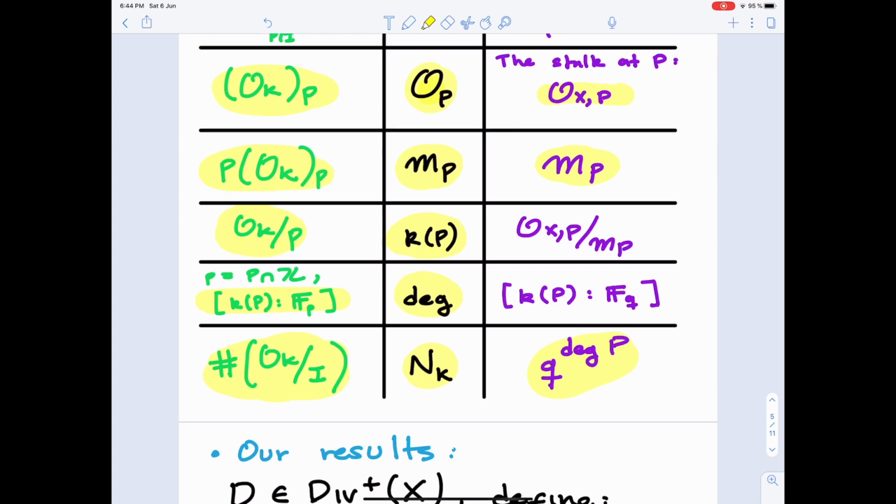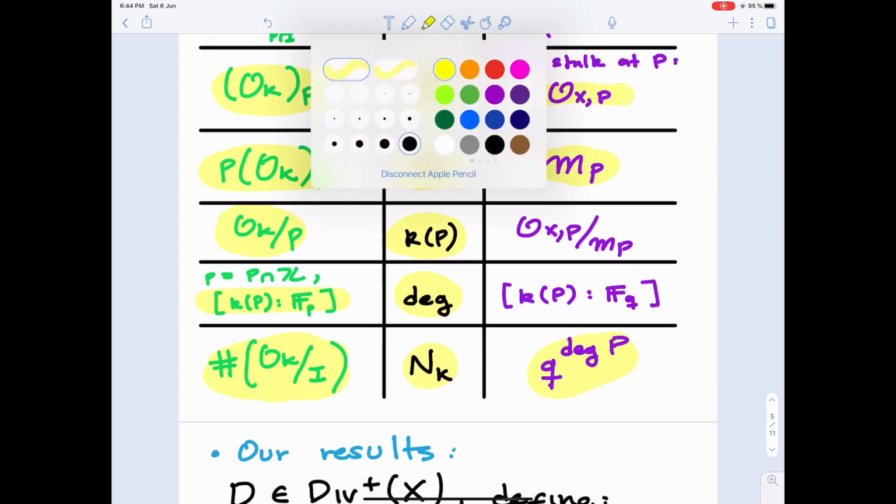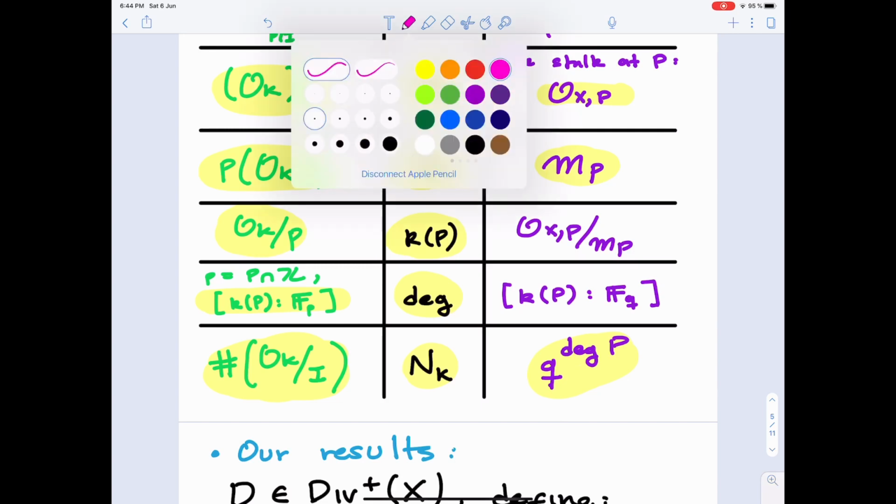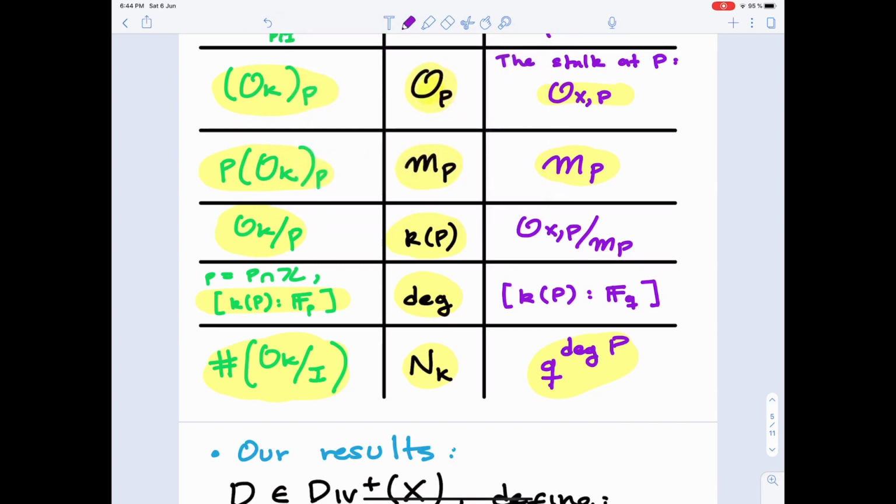And here, this doesn't have to be a P, but a general divisor. Great.